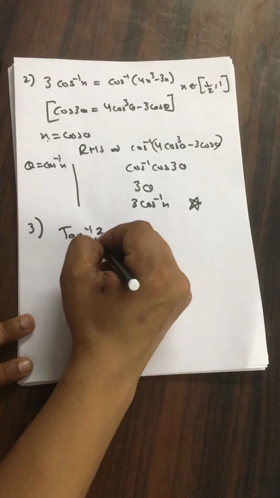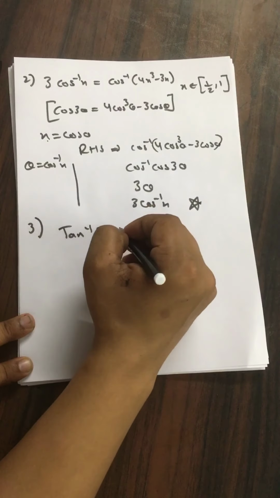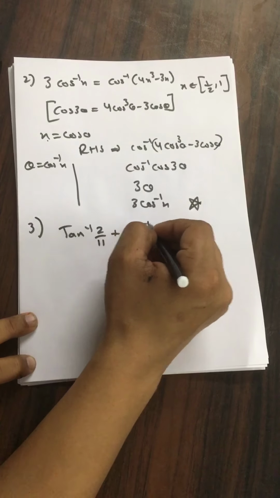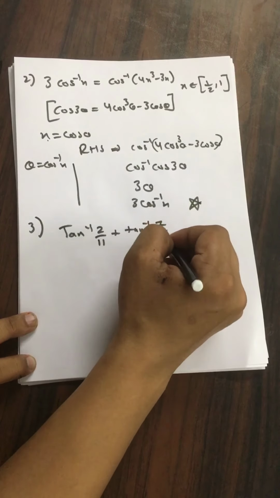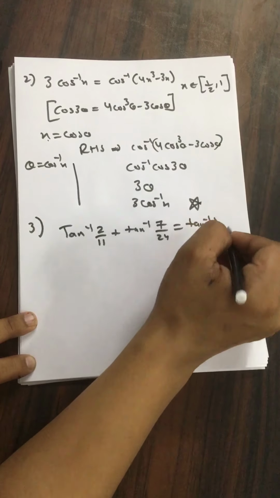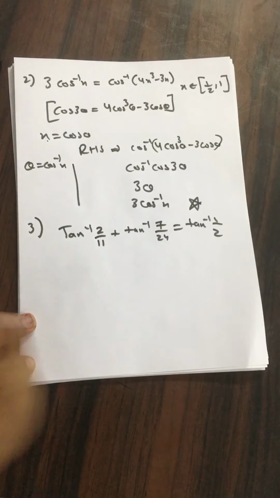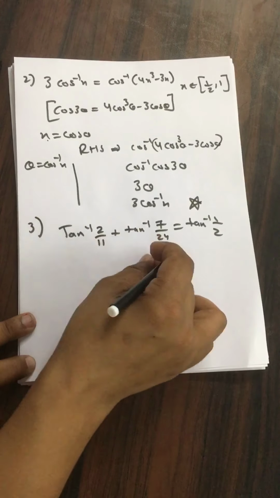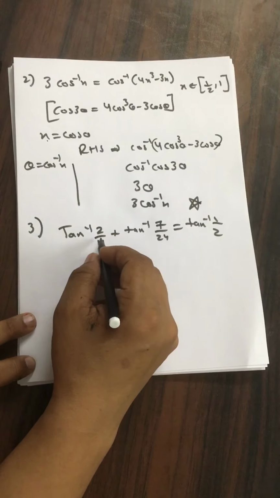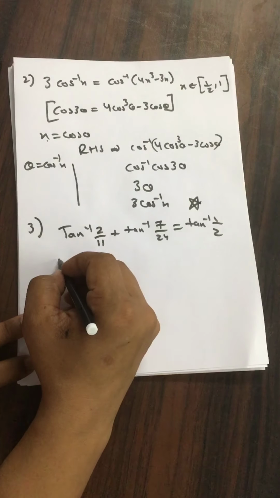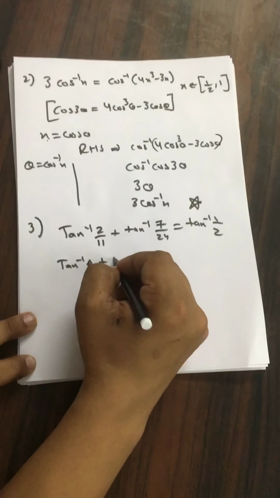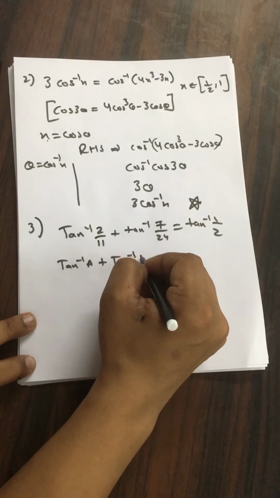Tan inverse 2 by 11 plus tan inverse 7 by 24 equals tan inverse 1 by 2. Now, once you see this question, you can relate it to the formula list that I gave you. Tan inverse A plus tan inverse B, what was it?